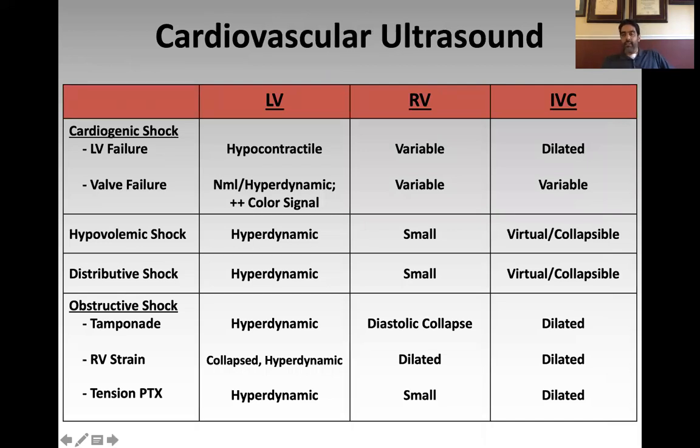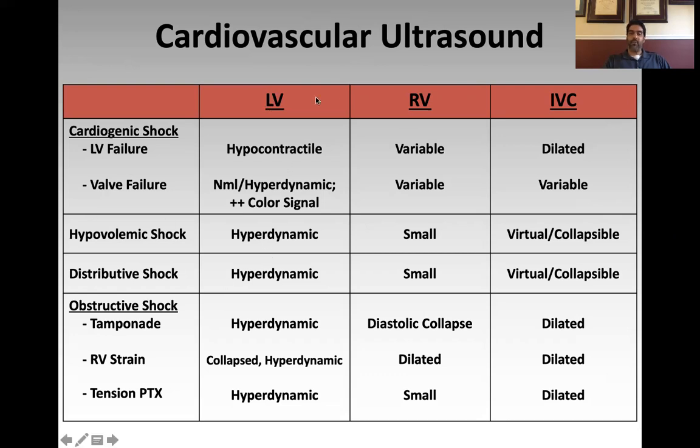So that is the basic cardiac assessment when it comes to critical care ultrasonography. Okay, and this table, if you're a fan, is a version of the classic PA catheter finding and type of shock table that there is in every critical care textbook that's out there, but it's adapted for ultrasound.